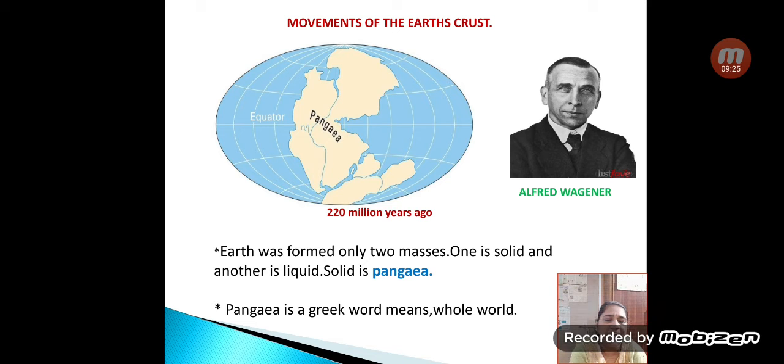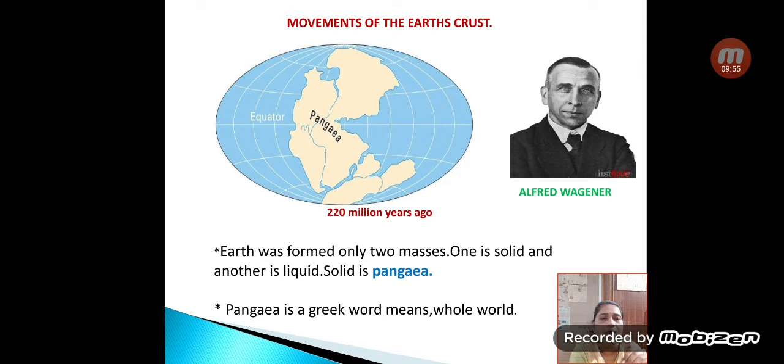Now, let us study the movements of the earth's crust. In the first map, look carefully. When the earth was formed, only two masses were there: one is a solid mass and the second one a liquid mass. The solid mass is completely a land part.